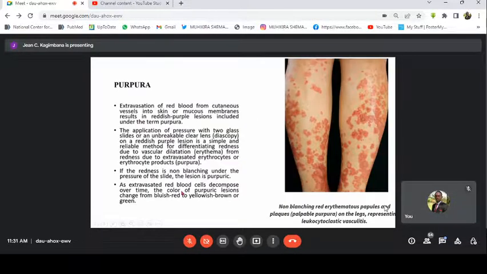Now, this is a purpura, an example of vasculitis. You have extravasation of red blood cells from cutaneous vessels into skin or mucous membrane, resulting in reddish purple lesions included under the term purpura. When you apply pressure, it does not disappear. Okay?